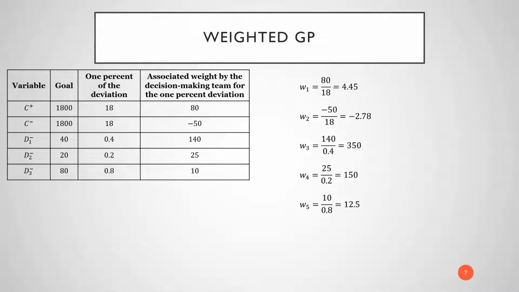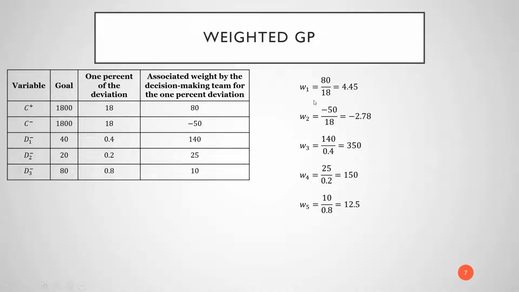For example, they say that, okay, for the variable C+, I have the goal of 1800. What is the 1% of this deviation? It is 18. And they have decided that the related weight for this should be equal to 80. And the same for the rest of the variables.